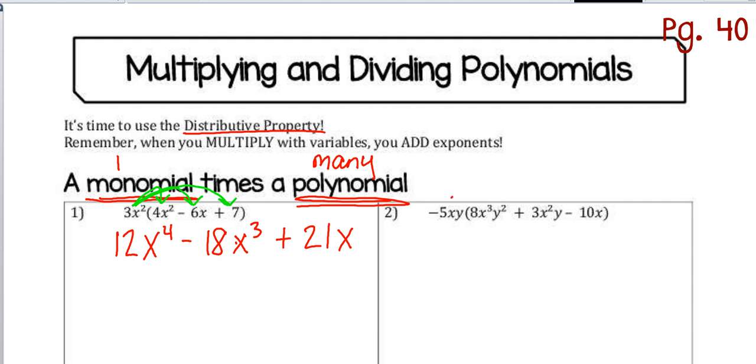Okay, so now we're going to do the same thing for number 2. We have x and y now. When I multiply that in, again, I'm just going to add the exponents on the like bases.